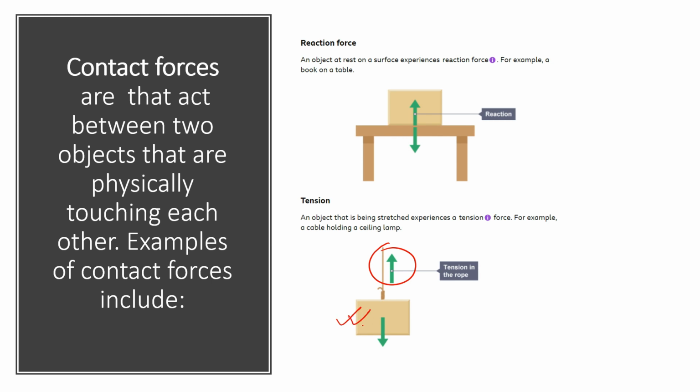This object hangs downward, so it exerts a force in the downward direction. At the same time, the rope exerts a force in the upward direction through the material with which it is hung from the ceiling. That's called a tension force. Anything which is being stretched exerts a tension.